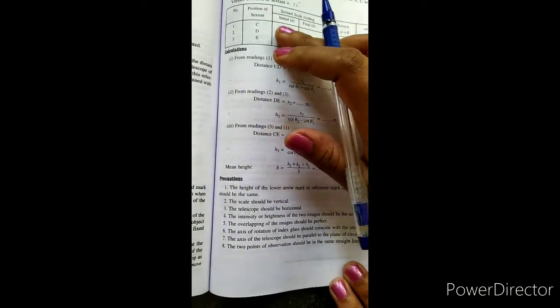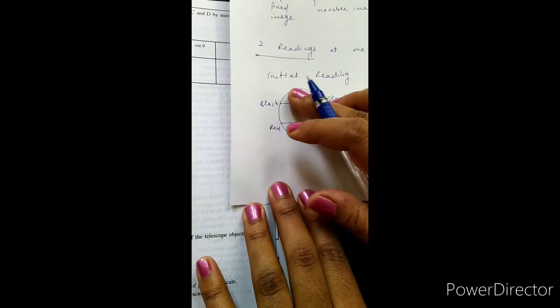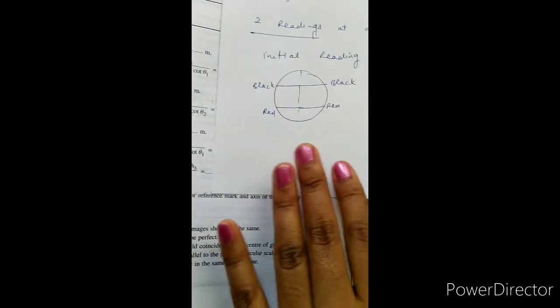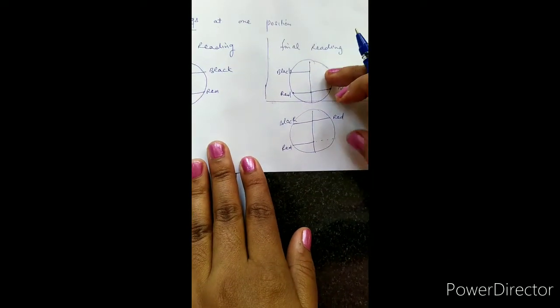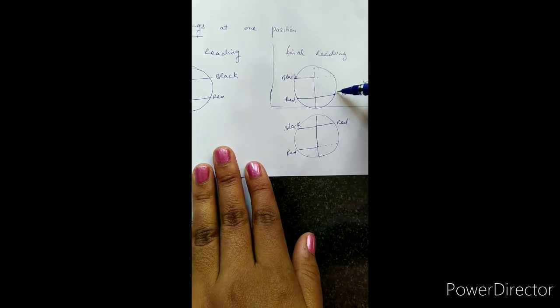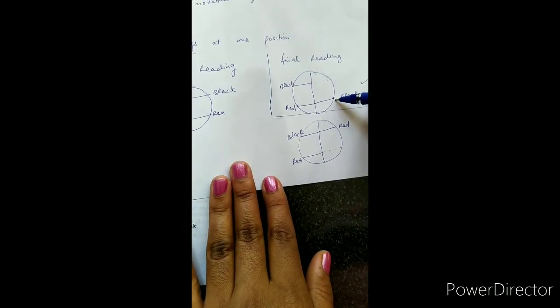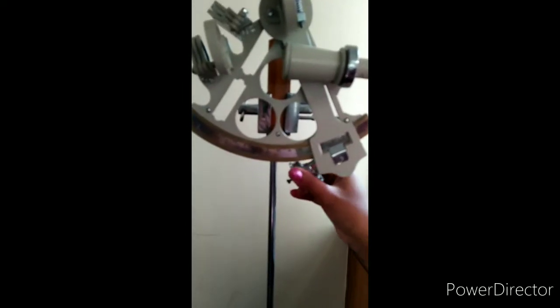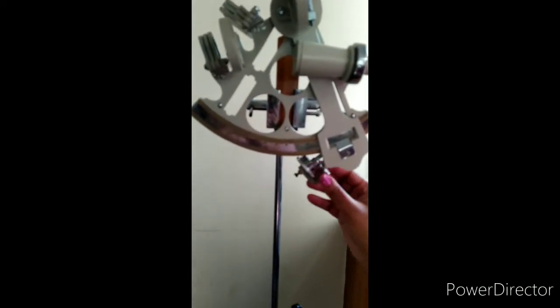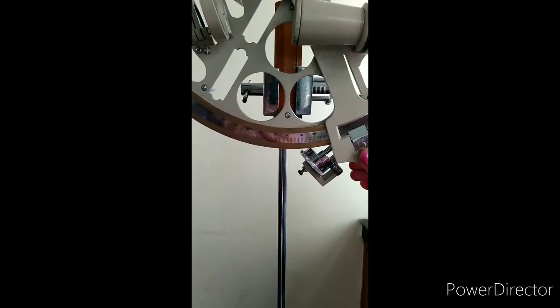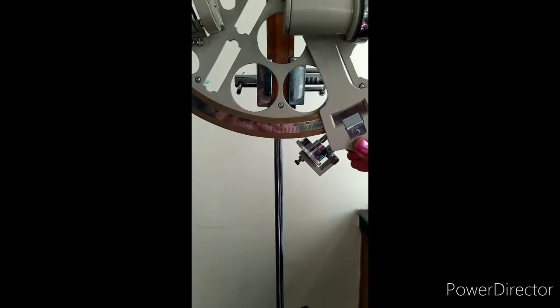At one position, the initial reading is when red coincides with red and black coincides with black, and the final reading is when we take this here. How do we take this here? We can adjust by this microscope, or just press this and move it.